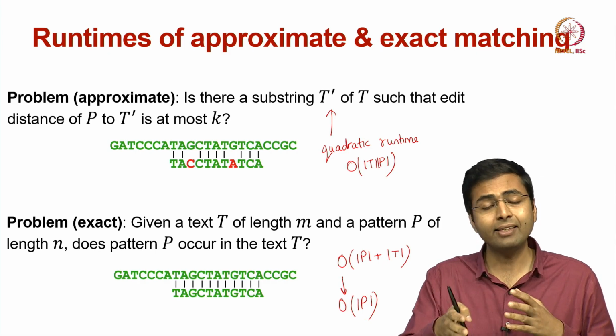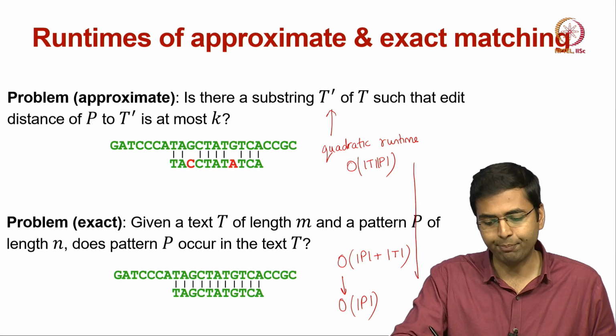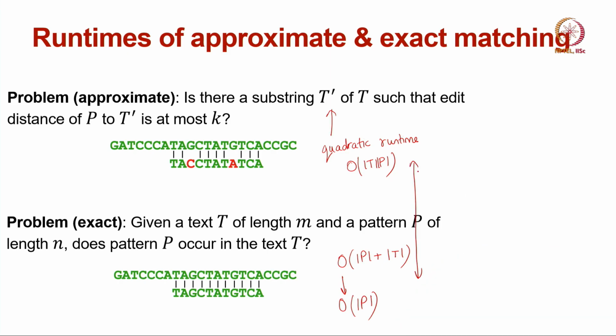You can think that this is a significant gap between the two, that is, we can solve these exact matching problems significantly faster than approximate matching problems. And we have to use this idea in designing heuristics, that is, we can use exact matching first and use those exact matches to guide how we should accelerate the approximate matching process.